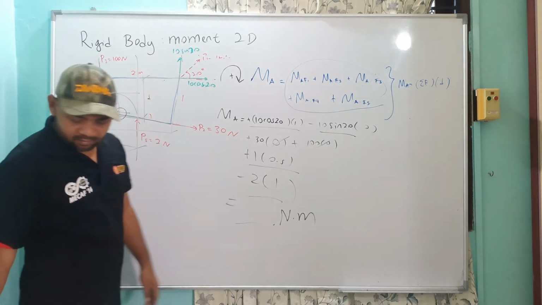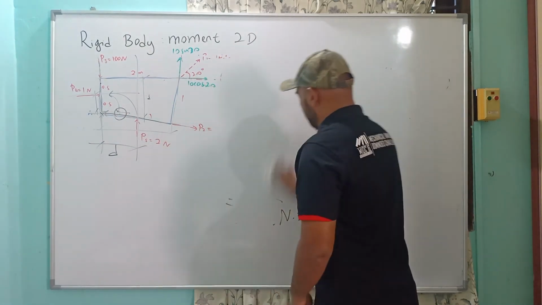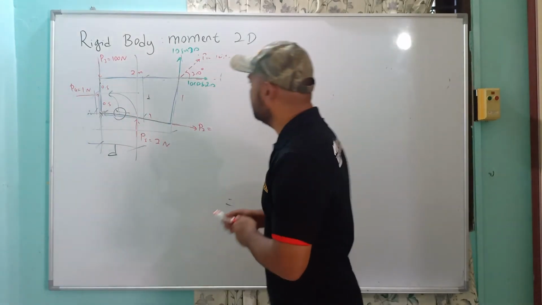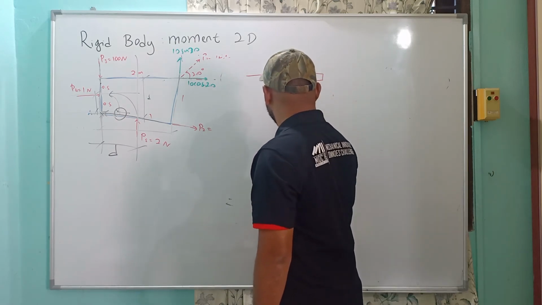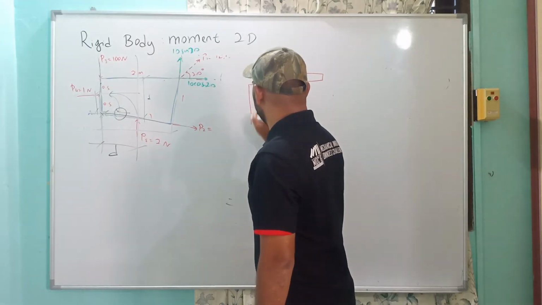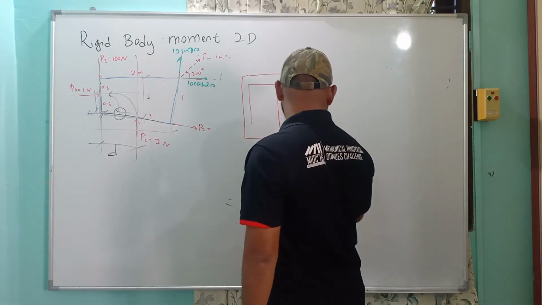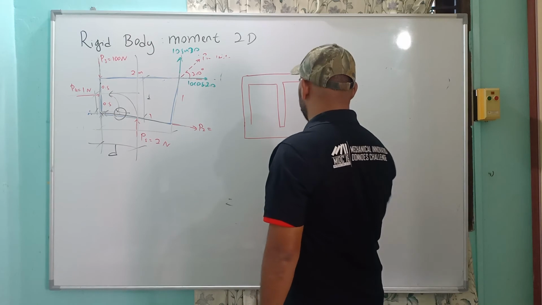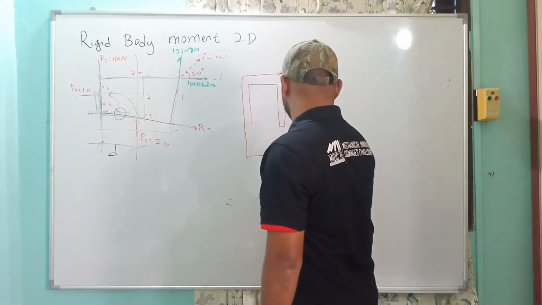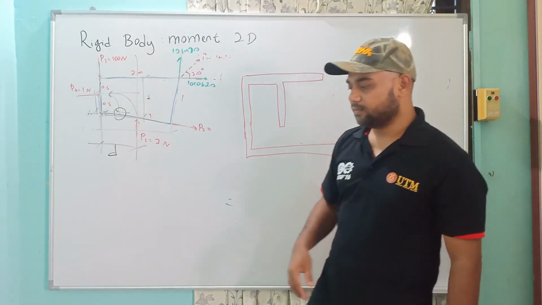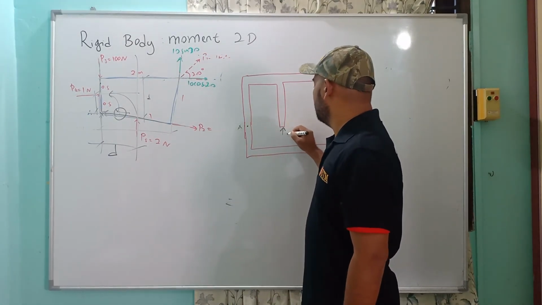What I mean by this is, if I have this type of component, for example, this is my point A, I have the same, this is P5, and I have P3, P4, P1.